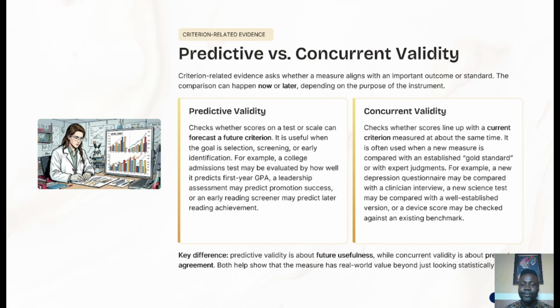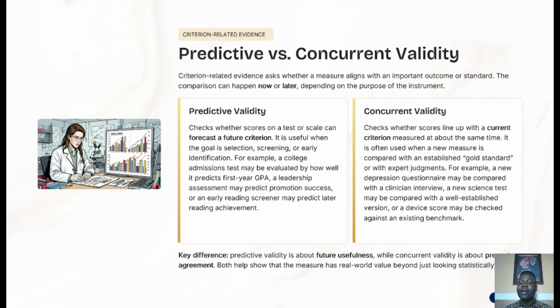This type of predictive validity is for future usefulness. So if they are predicting very well, that means that post-UTME score is valid. Now another one is concurrent validity, which is often used when a new measure is compared with an established gold standard.